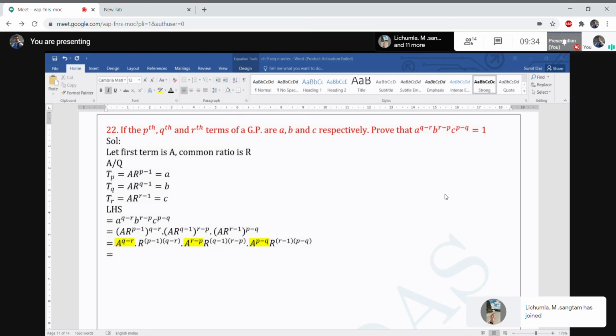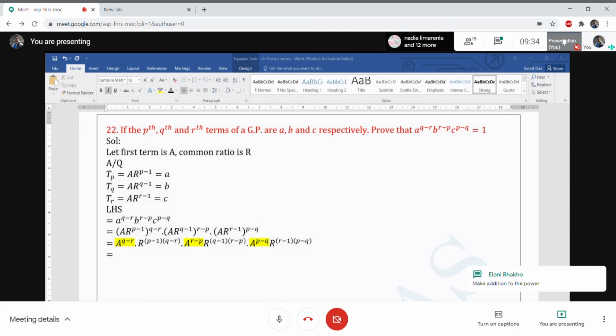What operation will we do with the power? When you are multiplying, if your bases are the same, what will happen to the power? Yes, the power will be added.